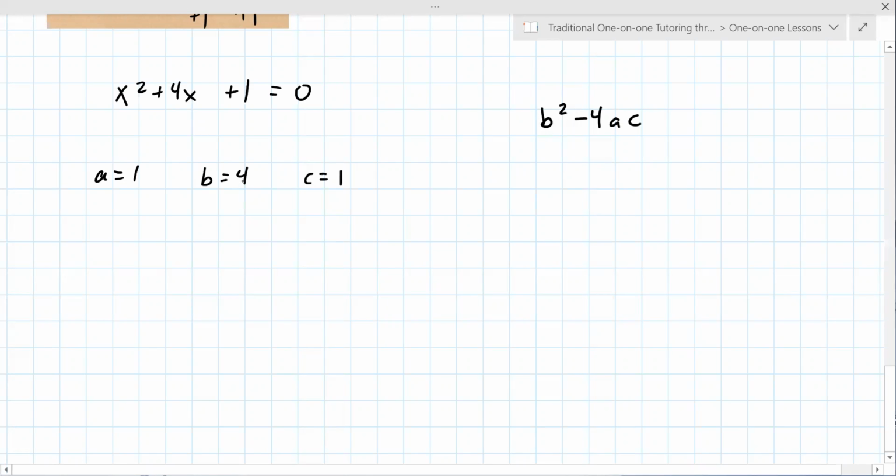The value of B is 1. No, B is written right over here on the left. 4. What is 4? 4 squared minus 4. 1. A is 1 and C is 1. Okay. What is 4 squared?